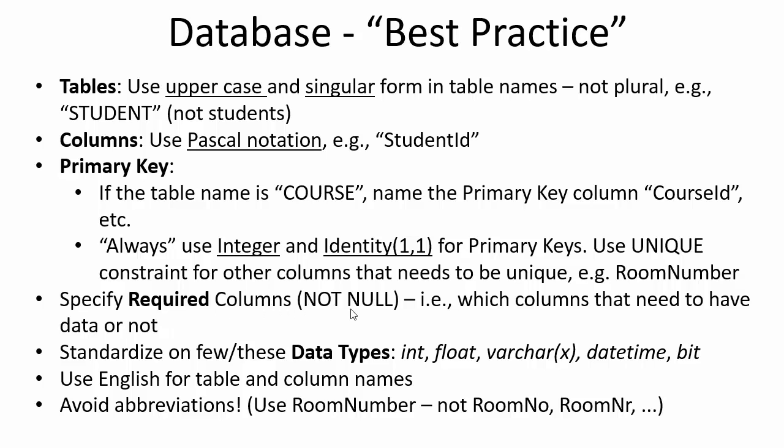Typically book title should be a required column, and you should not allow null data inside that column. And also you should standardize on a few data types like integer, float, varchar, datetime, etc.